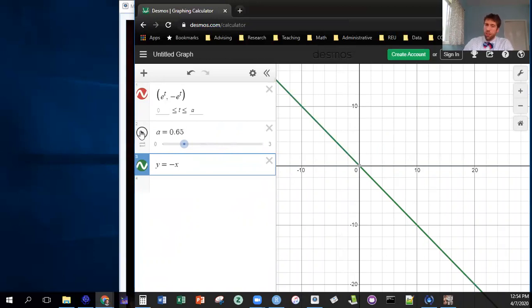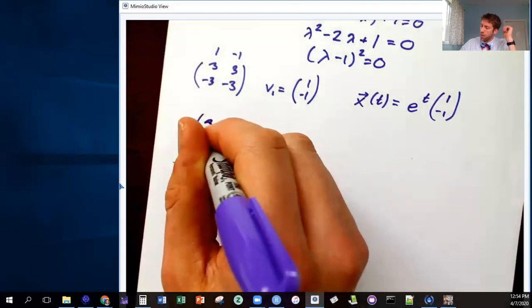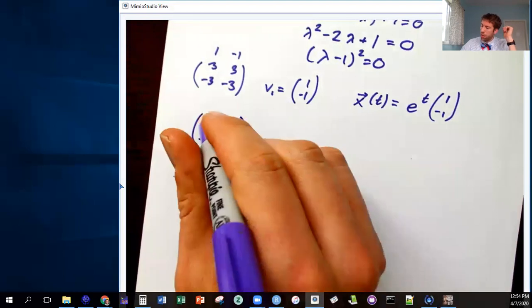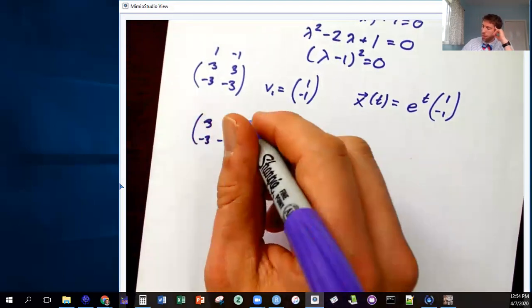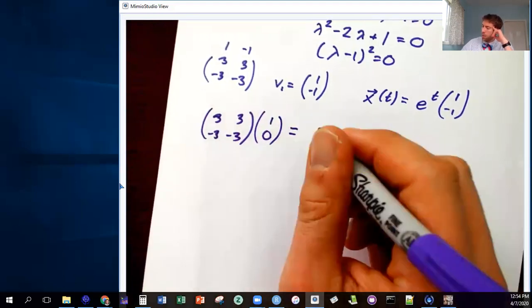Now, let's take another vector that's not our eigenvector, and let's compute that. One of my favorite vectors would be 1, 0. So I'm just going to find another vector, with the matrix 3, -3, 3, -3. This is my matrix with the diagonal subtracted by the eigenvalue. And pick a favorite vector, 1, 0.